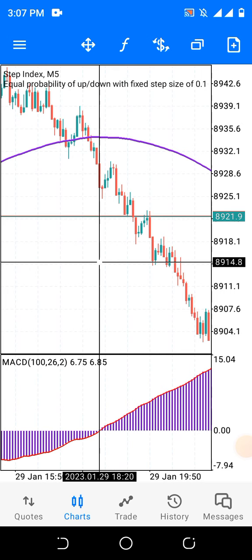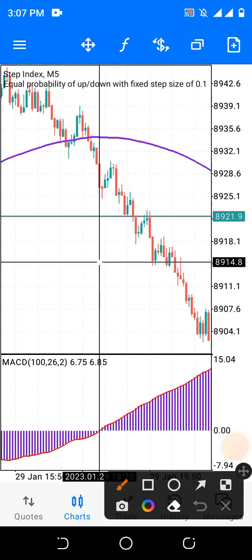So the first condition is that the price must be below moving average before the crossing. The price must be below moving average while the crossing occurs. So here you can see that the crossing occurs while the price is below moving average.